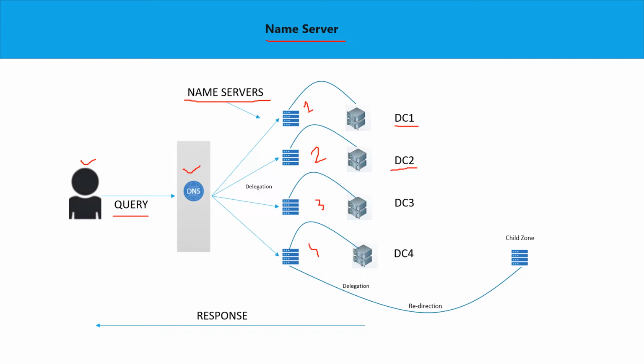And these name servers do not just respond to the DNS query, they can also do some sort of redirection. For example, there's a domain hosted here, and if I want to create a subdomain, maybe because I'm running multiple departments, I want to give the ownership of this zone to one of the administrators. So on this name server, I can do the delegation, and the delegation goes towards the child zone, whoever is hosting this IP address.